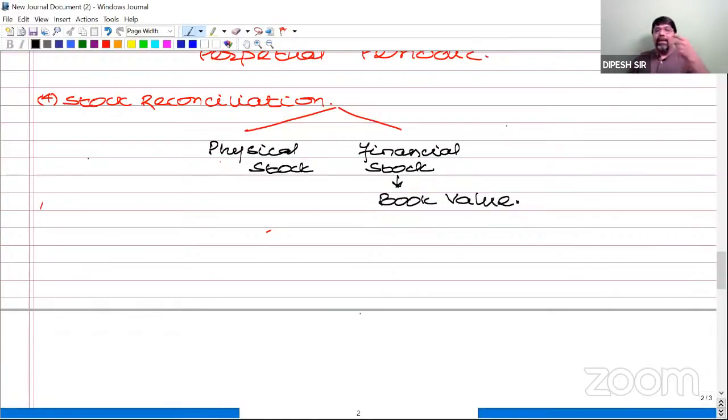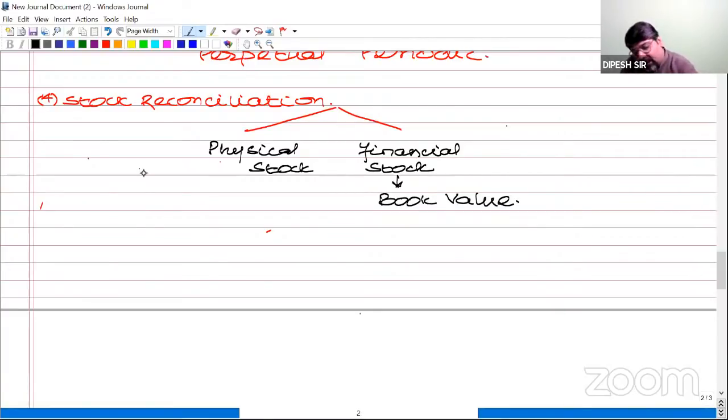Yes. That means stock with branch, stock with consignee, stock on sale on approval, all these goods I own, but they are not in my godown. So financial stock means stock which is owned, which may be there in my godown, may not be there in my godown. Physical stock means goods which are physically there in my godown. Am I clear? Now chartered.